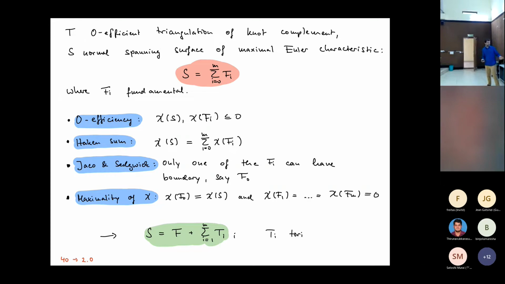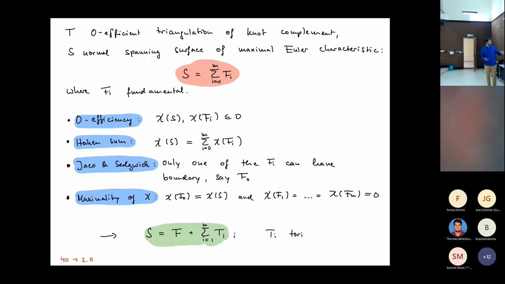So what this really means is that the boundary surface must have the maximum Euler characteristic, and all the other summands must have Euler characteristic 0. Otherwise, you would just start with F_0, which has a higher Euler characteristic.